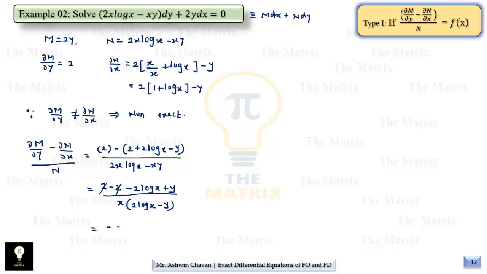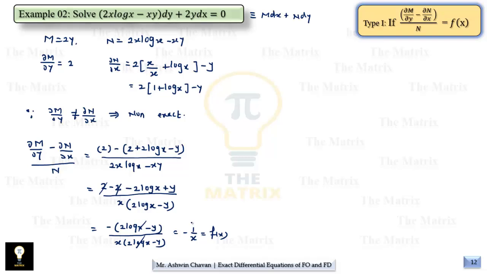If we take the minus sign outside the numerator, the remaining part is (2 log x - y), which exactly matches the denominator (2 log x - y). So this bracket is cancelled, and the remaining part is -1/x. So yes, it is a function of x.